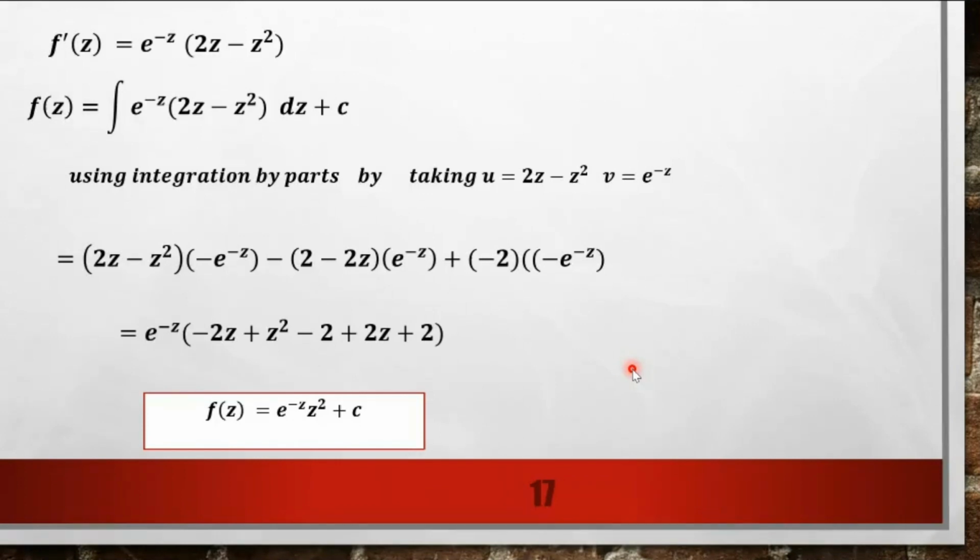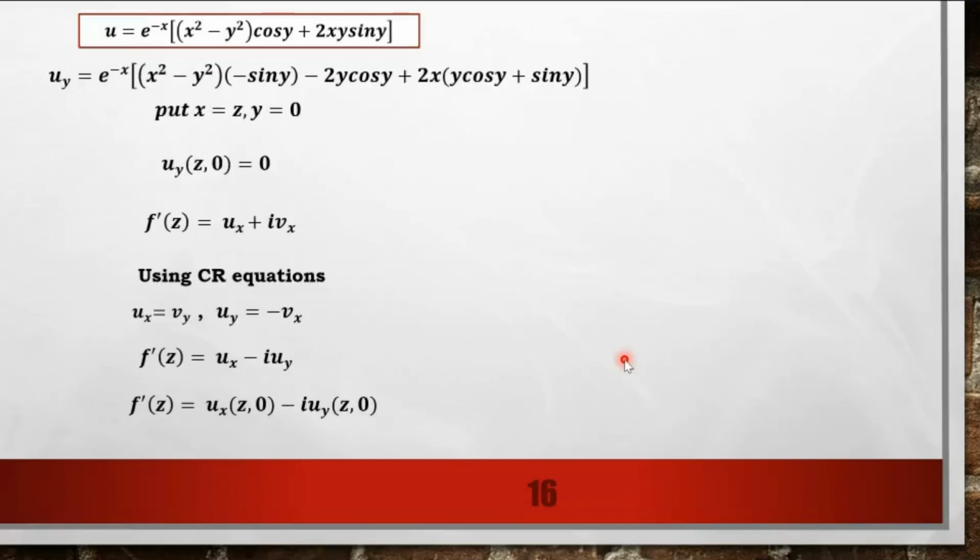Previous slide. Differentiating with respect to y, putting x equal to z, y equal to 0, uy is 0 using the CR equations, calculating f dash of z and then integrating.